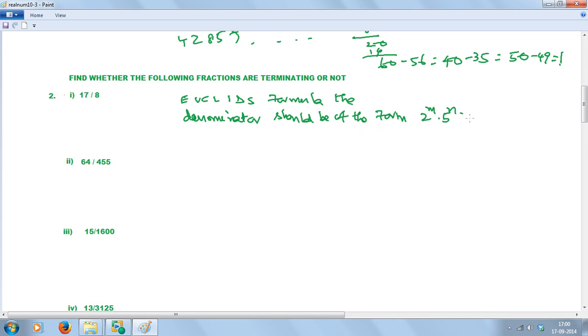Then it's terminating, otherwise not. So in this case, 17 divided by 8, or you can write it as 17 divided by 2 cube. So what about q, the denominator? It is 2 to the power m, some power is there. So you can take it as 5 to the power 0. So it's terminating. If you actually divide, you get the answer 2.125. We can divide and check.